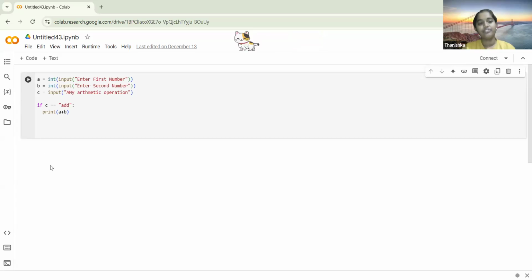So here, in the first line, you take input from the user for the first number, and in the second line, you take input from the user for the second number, and in the third line, you take input from the user. So it's not any number. It's like you're asking the user what to do with these numbers, like to add them or subtract or multiply or divide. So here, if C equals add, what is the meaning of that?